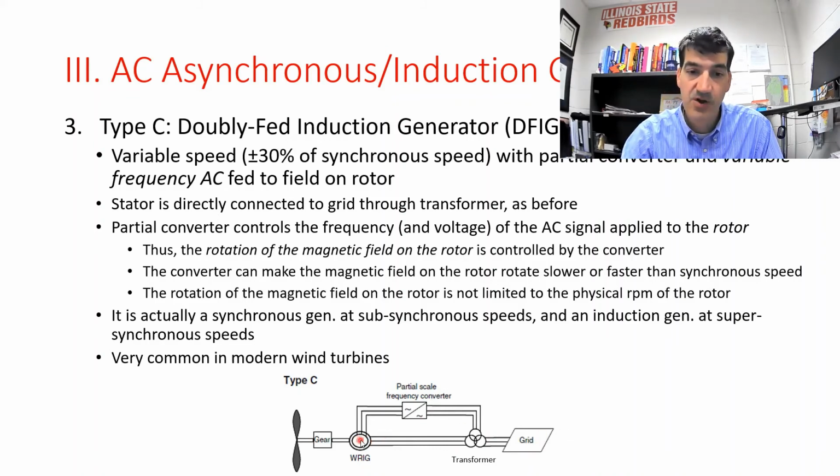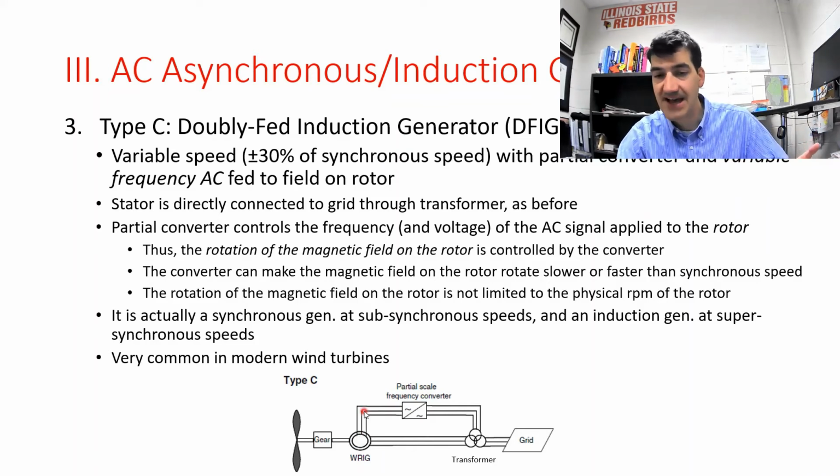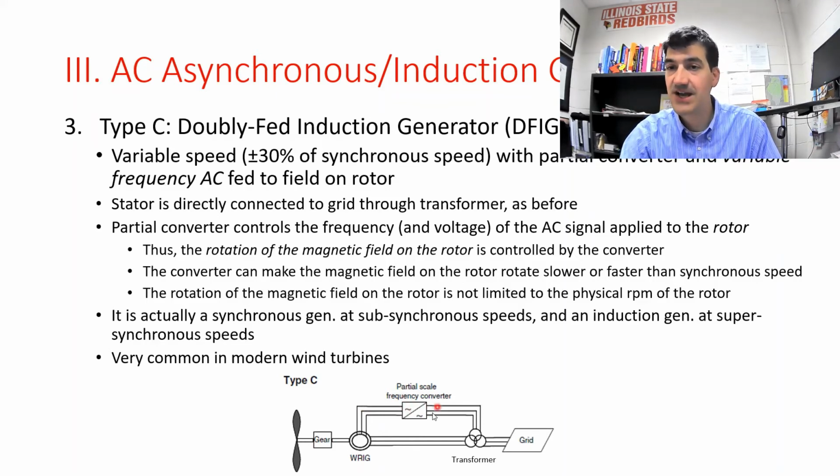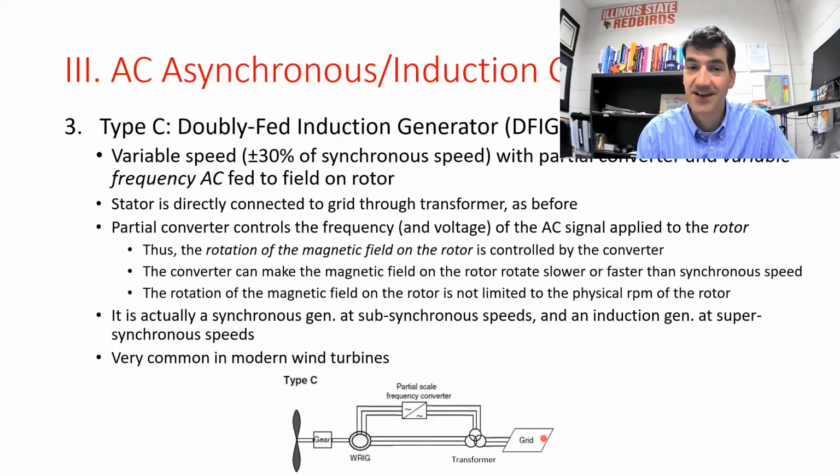The current from the rotor, we don't know what frequency it's at, so it goes back into the converter, and it gets converted from variable frequency into nice, clean 60 Hertz AC that we can put directly back on the electric grid. So at super synchronous speeds, we're actually producing power from both the rotor and the armature, which is pretty wild and pretty amazing, but it does work.